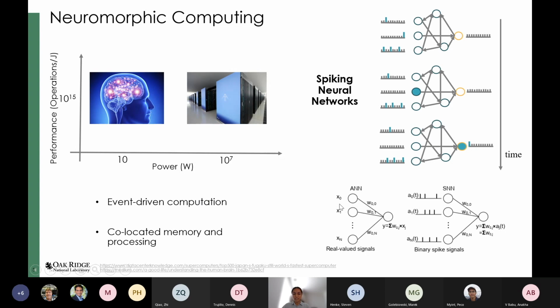The inputs to an ANN are real valued signals, and the operation that takes place in a particular neuron is the weighted sum of these inputs, which means that we need to perform a multiplication and then an addition, or a MAC operation. Whereas with SNNs, the input that's coming in is just a binary bit stream, or a binary spike stream.